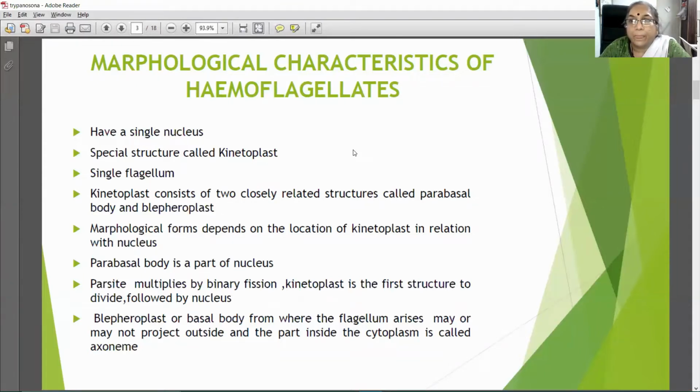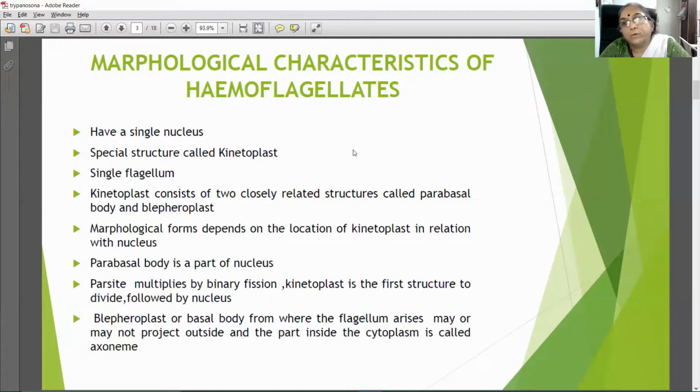Parabasal body is a part of the nucleus, and the parasite multiplies by longitudinal binary fission. When it multiplies, the first thing that multiplies is the kinetoplast.